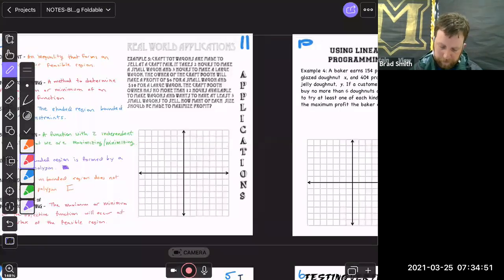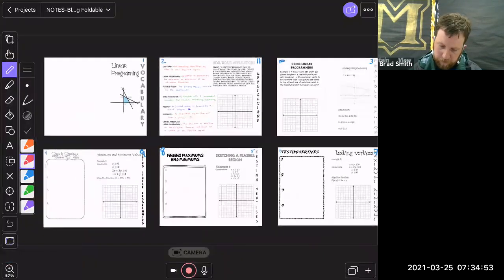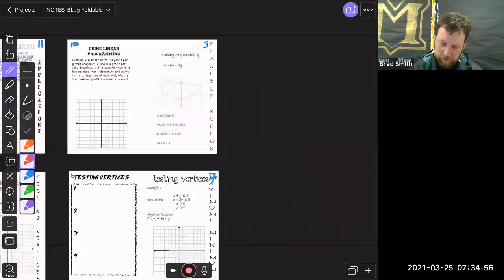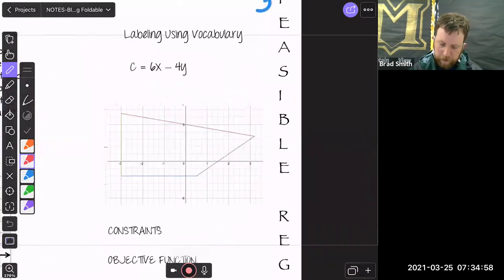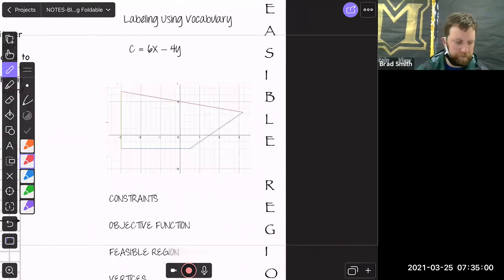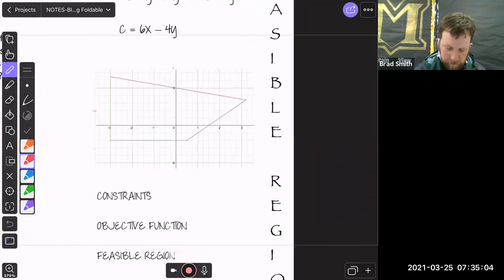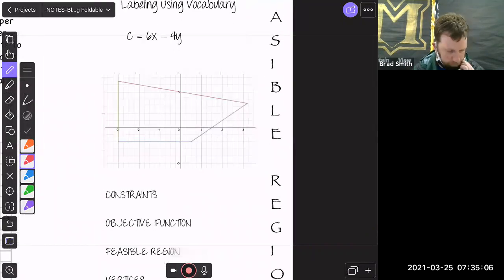Page 2, page 3, right here. Feasible region, looking at our vocabulary and labeling it so we know what's going on. Up here is my graph.